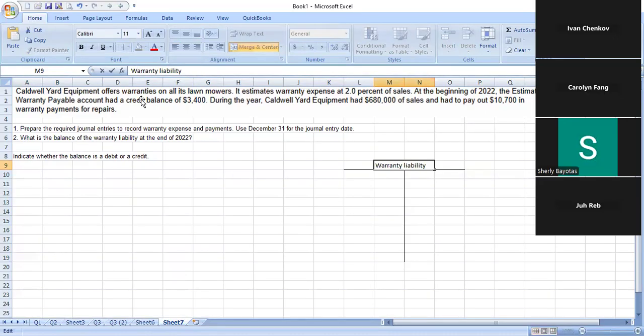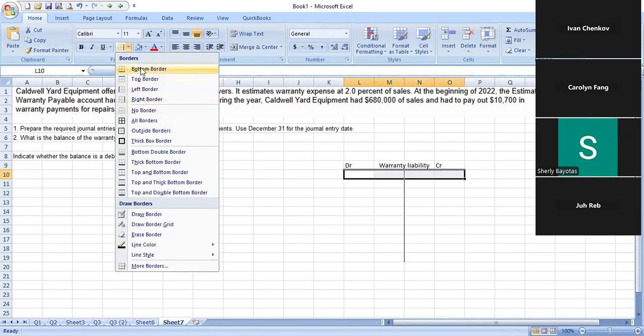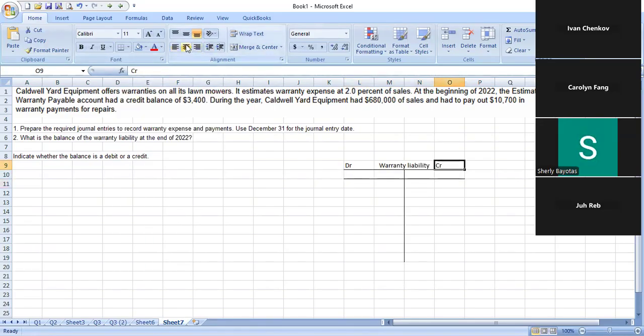Liability account. Liability. What's the normal balance? Debit or credit? Credit. Credit. So we're going to have here debit and here credit. So normal balance here, the beginning balance is always going to be on the credit side, which in fact checks with the question, because the question tells you that this account has a credit balance of 3,400. So our beginning balance is $3,400 we already have in this account.